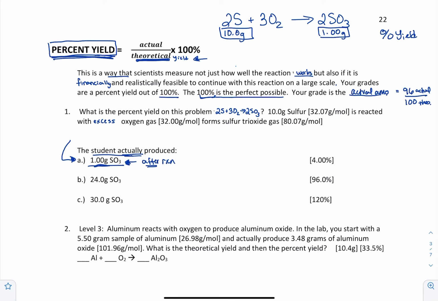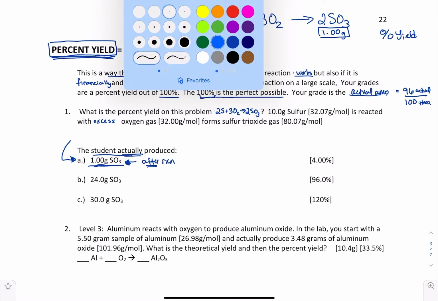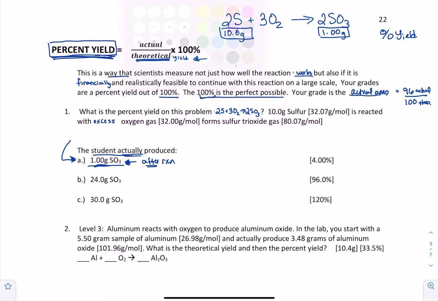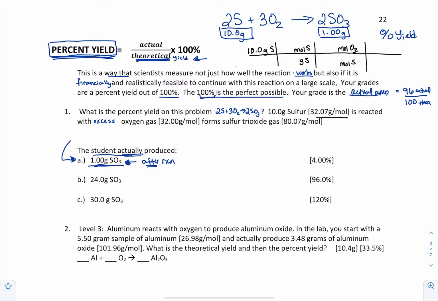So first I need to calculate, and I'll switch it over to black. If I have 10.0 grams of sulfur, I'm going to go from grams of sulfur to moles of sulfur. And then I'm going to go from moles of sulfur to moles of SO3, sorry, SO3. That's what we're wanting to know about.